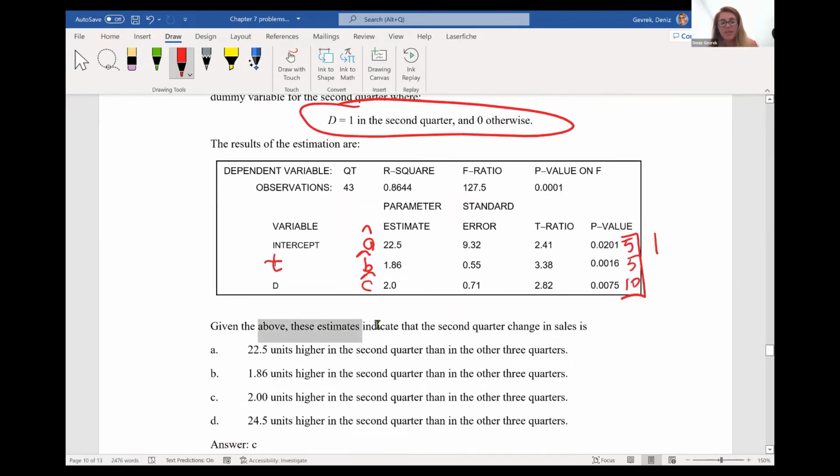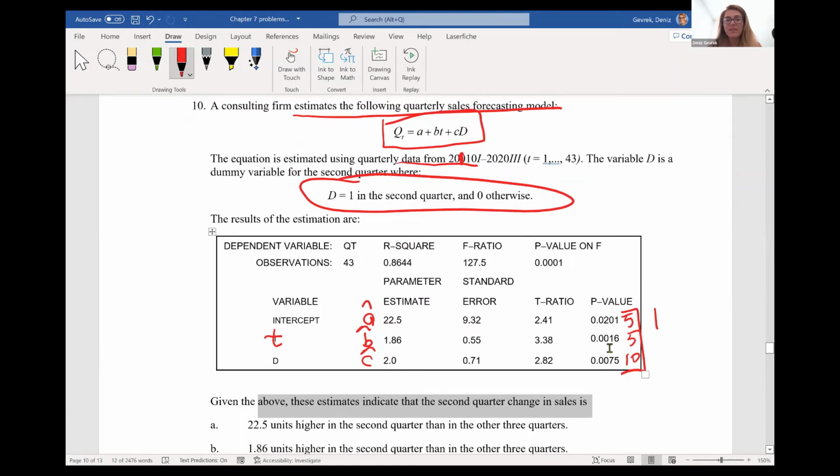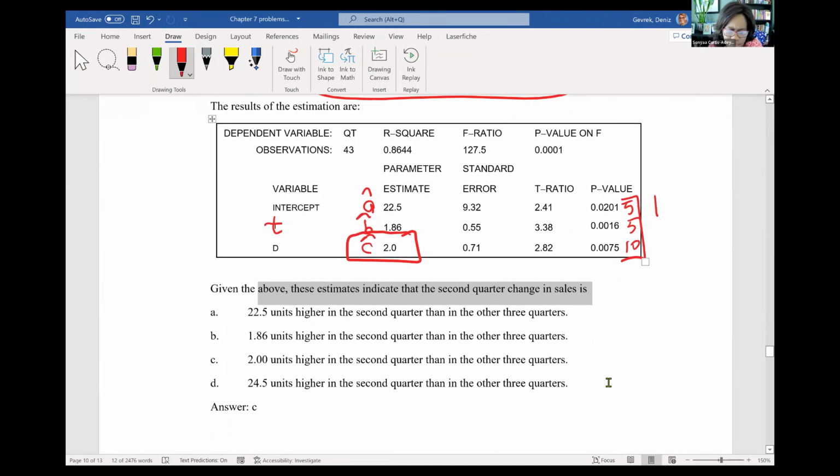Given the above, these estimates indicate that the second quarter change in sales, because this is a dummy for the second quarter, the coefficient of it will give you the change in sales. So it is positive 2. It's 2 units higher in the second quarter than in the other 3 quarters.